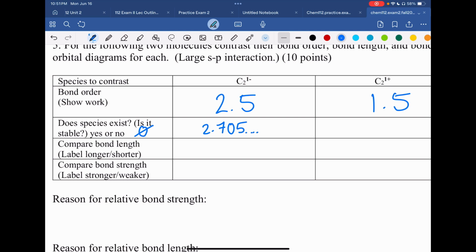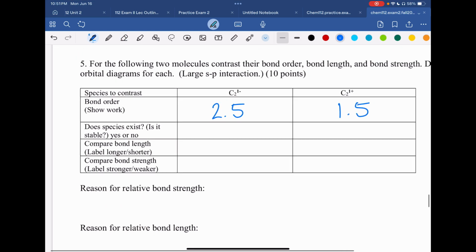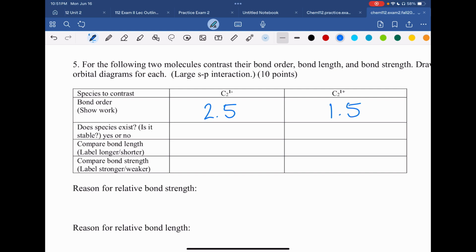Even 0.0001 still technically exists. It has to be a flat 0 for it to not exist. So even though it's 0.5 of a bond, they both still exist.